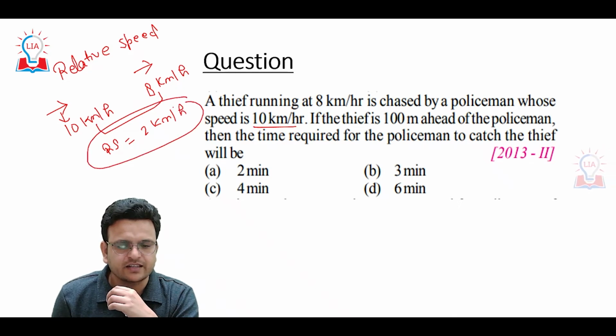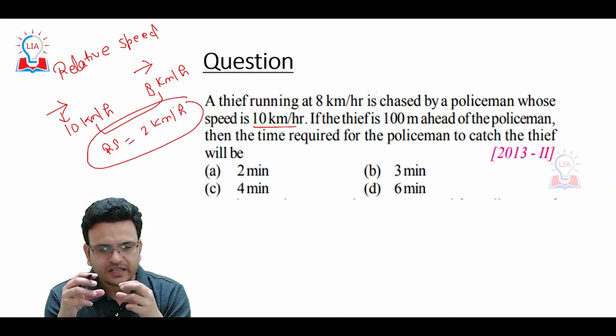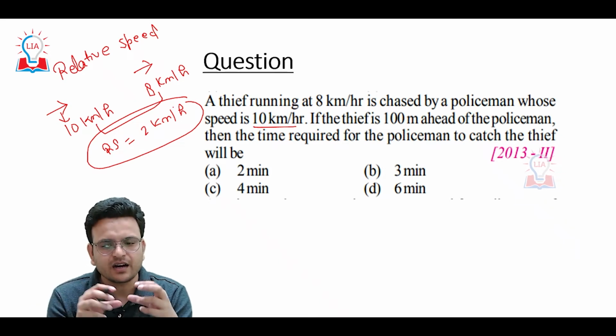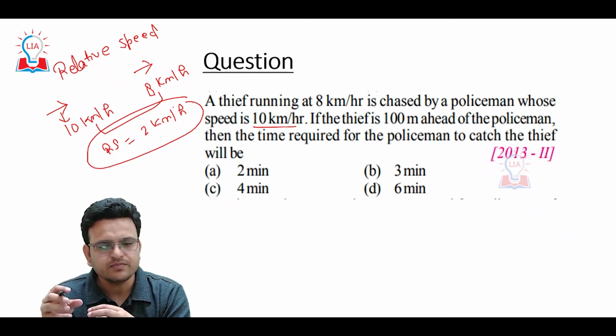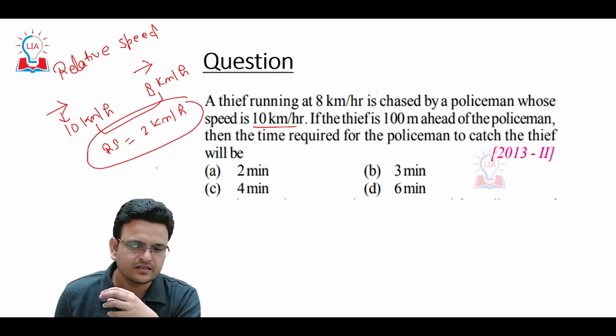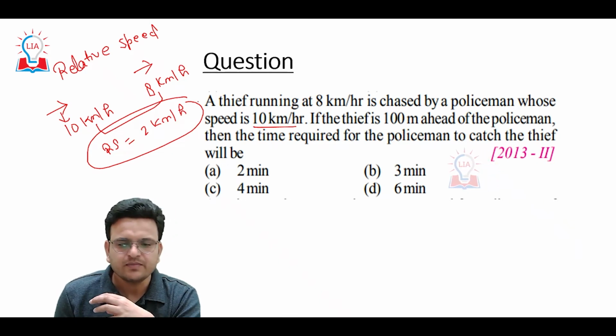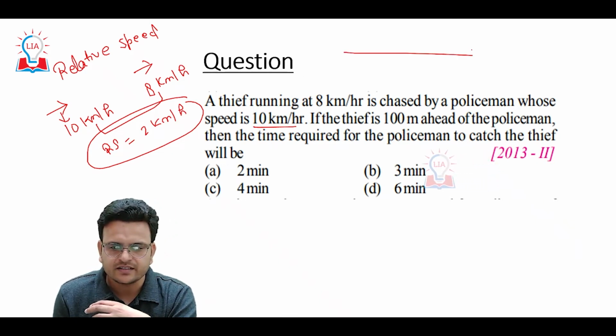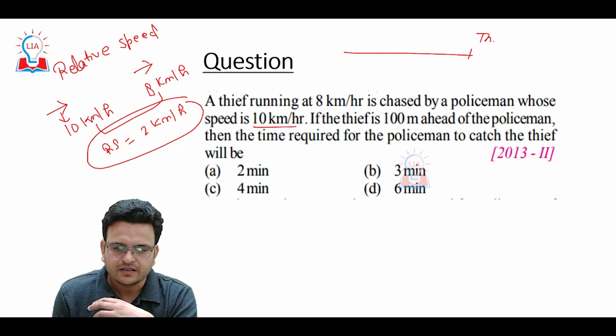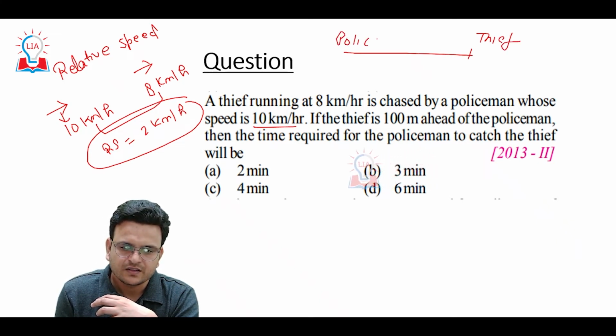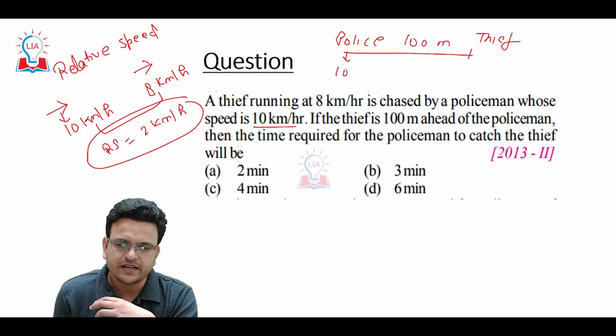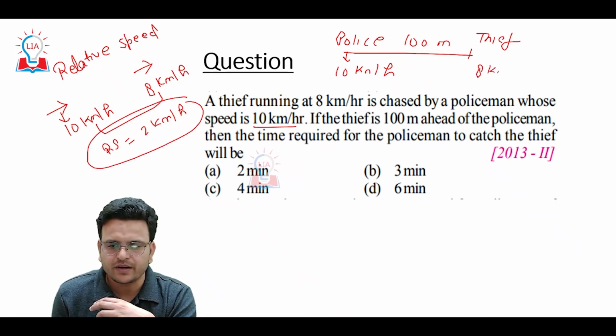10 minus 8. Okay. Now the distance between the thief and the policeman is 800 meter. Policeman is moving 10 km per hour and thief is moving 8 km per hour.